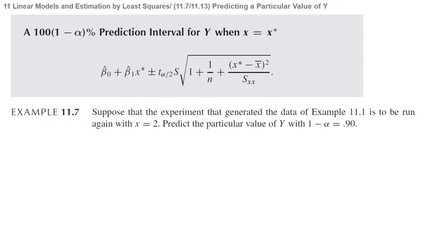And as a result, you can derive the 1 minus alpha % prediction interval for y when x is equal to x star, which is this thing. And notice that this is the prediction interval. So this is an interval for the future observation.